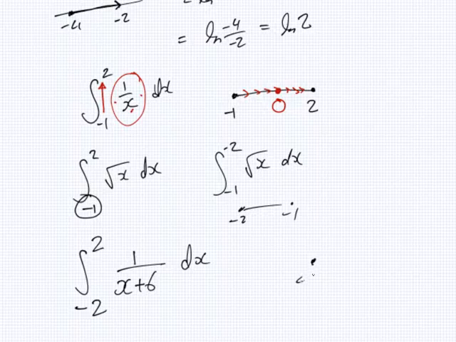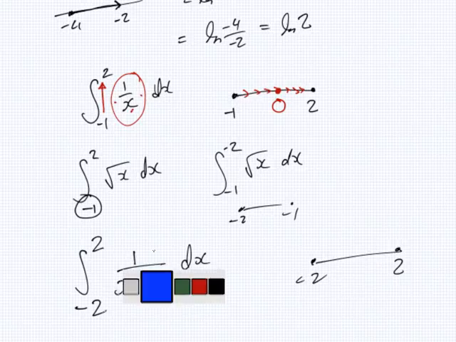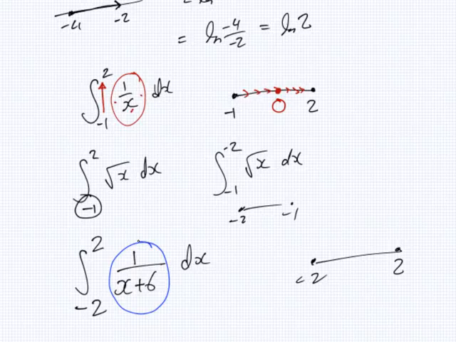Proper, because as I move from minus 2 to 2, I don't include any values I shouldn't. What should I not have here for x? Minus 6. Minus 6 is not in this range. So this is how we can know from the beginning if we are allowed or not allowed to integrate: if there's a forbidden value in the range.